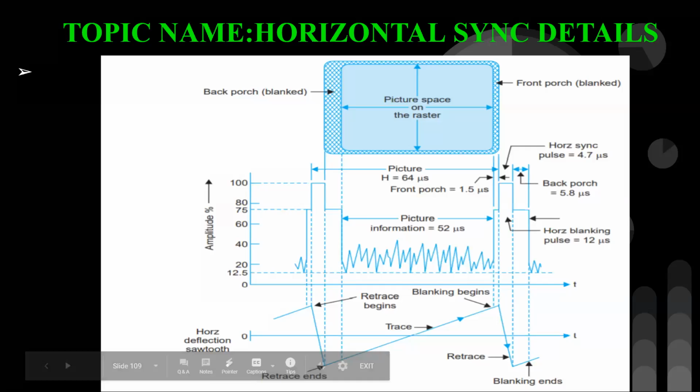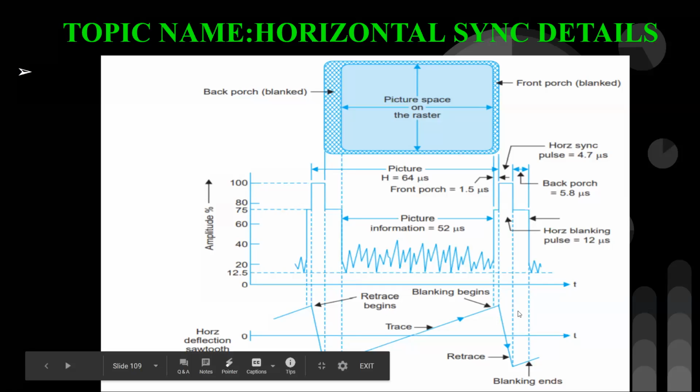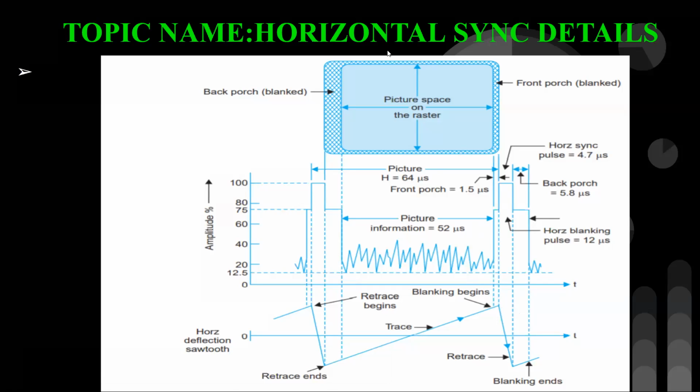This horizontal synchronization information is extracted from the synchronization pulse train by differentiation, that is, by passing the pulse train through a high pass filter.